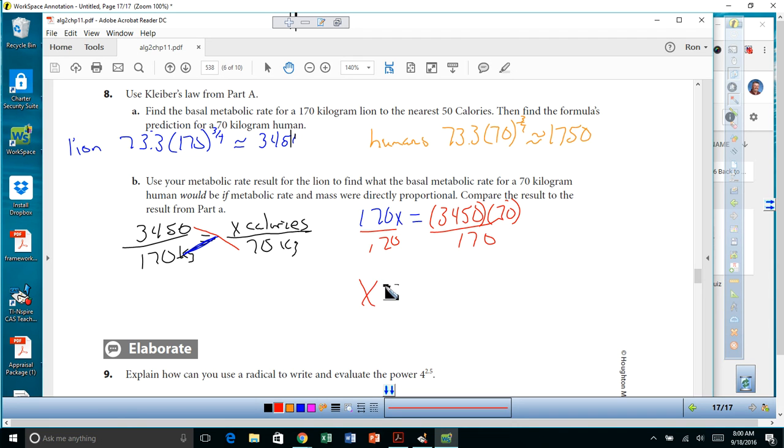So x equals 3450 times 70, which I'm getting as 241,500 over 170, which would be approximately 1,400 calories. So the rate for a human would be significantly lower than the actual prediction from Kleiber's Law.